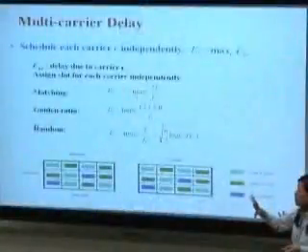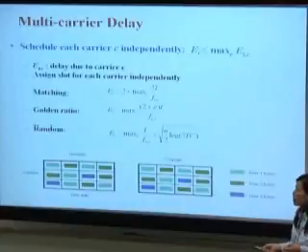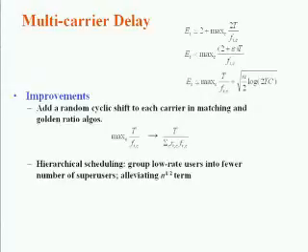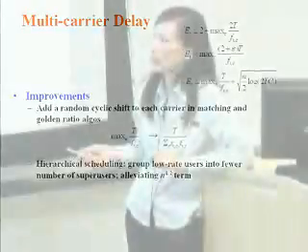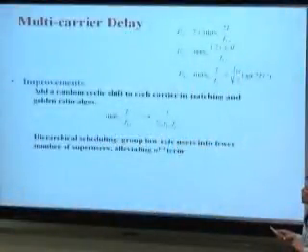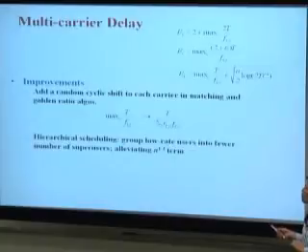So one thing we noticed is that if we introduce some randomization, once you have a matching algorithm for each carrier, if you introduce a random cyclic shift, you just turn it for each carrier independently, and you can reduce the delay. It reduces delay in the sense that the term, the max over all carriers of T divided by Fi, becomes T divided by the sum of the rate slots.